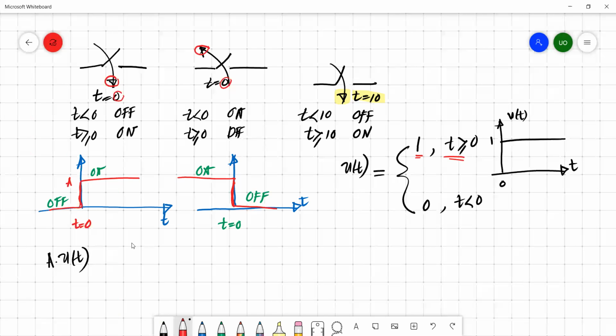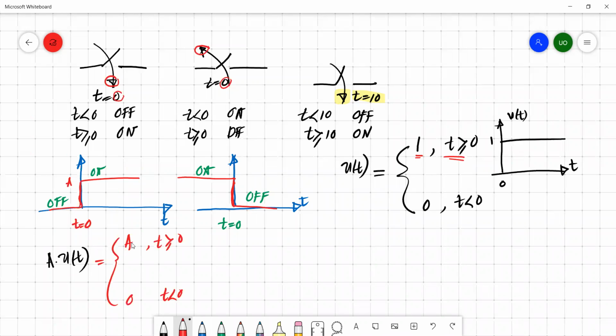So for negative t, from minus infinity to 0, the output of A times u(t) is 0, and it is A when t is greater than or equal to 0.